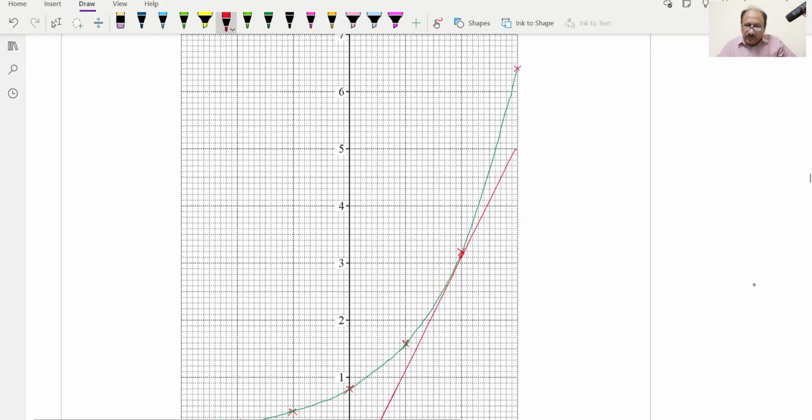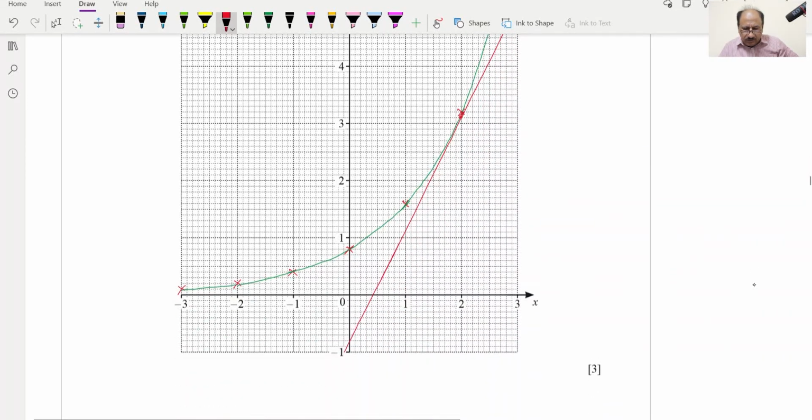Next part they're saying estimate the gradient. So for the gradient we can take points on the cross. This point we can take, and the second point which we can take is basically over here. We want to take the point, like we can take this point also.